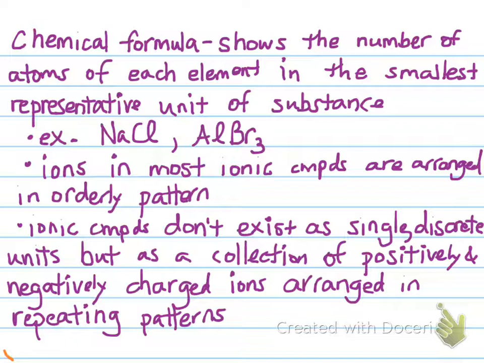And we're going to talk a little bit more about what that looks like. But again, the reason for this is because a positive ion is going to want to be next to a negative ion, which is going to want to be next to a positive ion, which is going to want to be next to a negative ion. That's more stable than positive ions being near each other and negative ions being near each other.